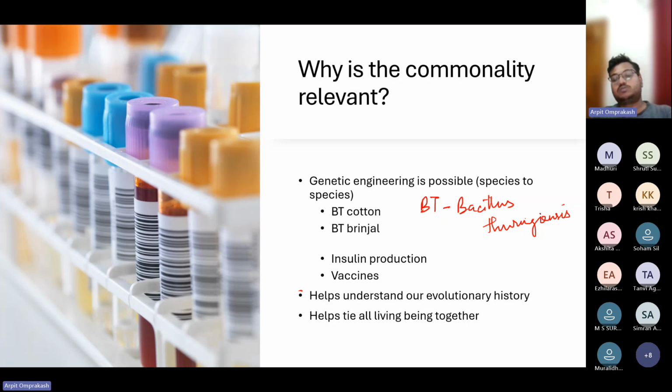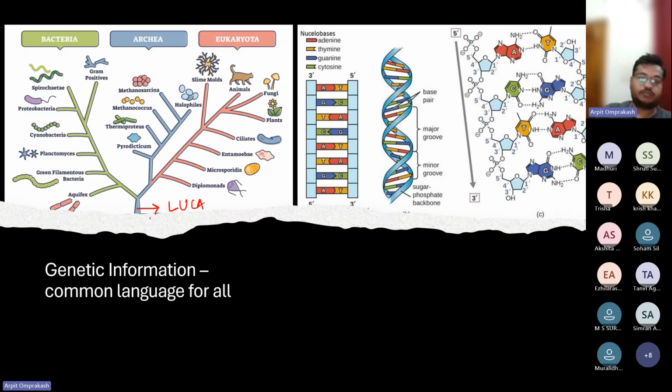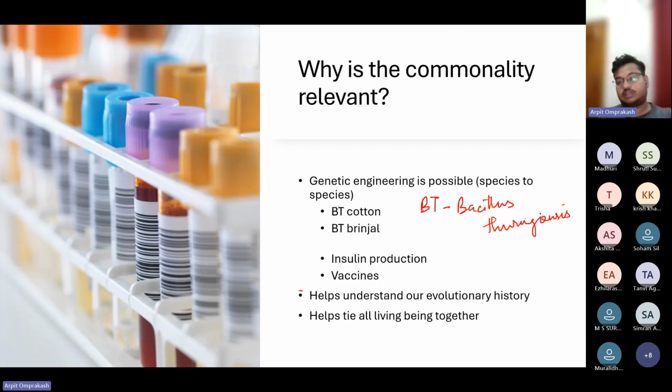So the other thing is if we match up these sequences of different organisms, we can understand how we have evolved from them. So for example, if we have the sequence of different animals, let's say different ciliates, different plants, and different bacteria, and so on, and we try and compare all the different parts of the sequence, then we can understand which sequence is closer to which one and which is farther from which one.